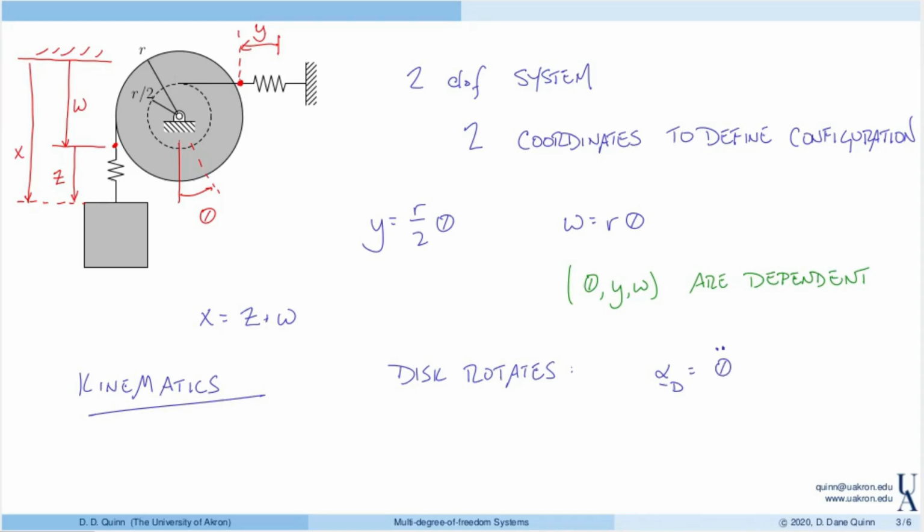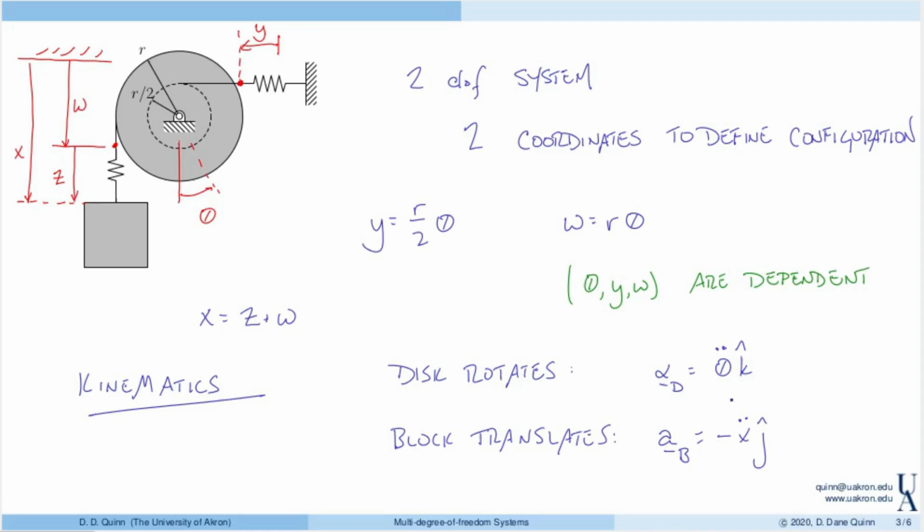In particular, it's theta double dot in the k direction. The block translates up and down. So we can identify the acceleration of the block as minus x double dot in the j direction.